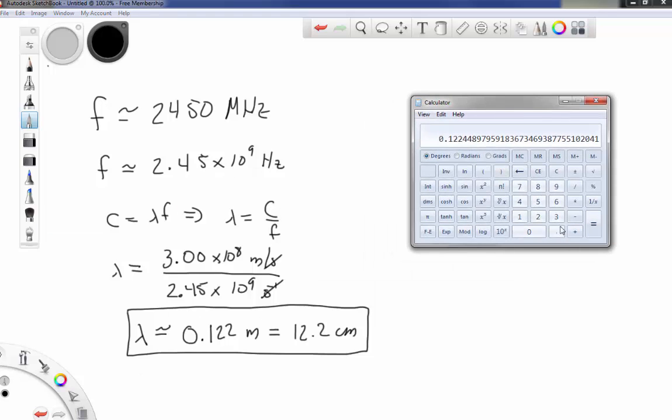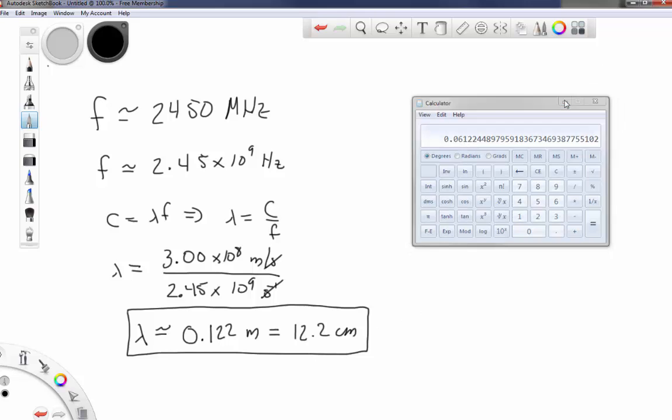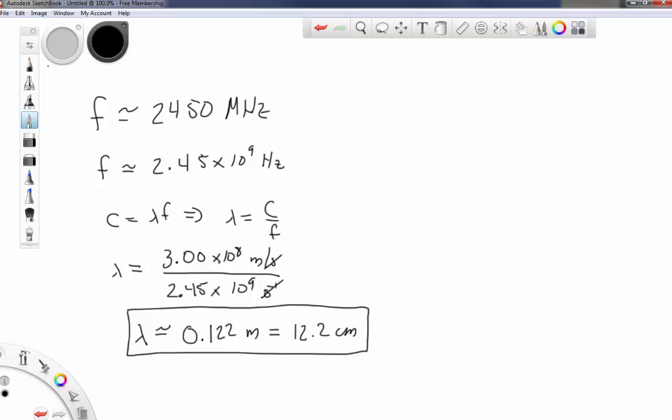So, divide this number by 2, you get 0.061. So every 6.1 centimeters you should find a node, and every 6.1 centimeters you should find an antinode.